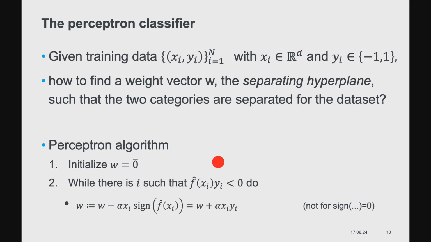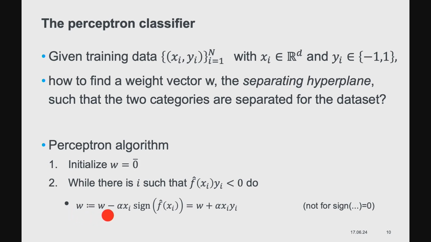And what we want to do is fulfill this condition: if we have a violation of our model, and the violation happens exactly when our model for a point times the correct label is less than 0, in such a case we change the weight vector.